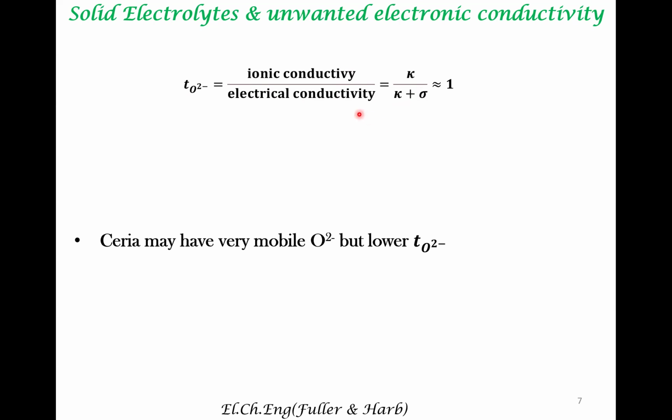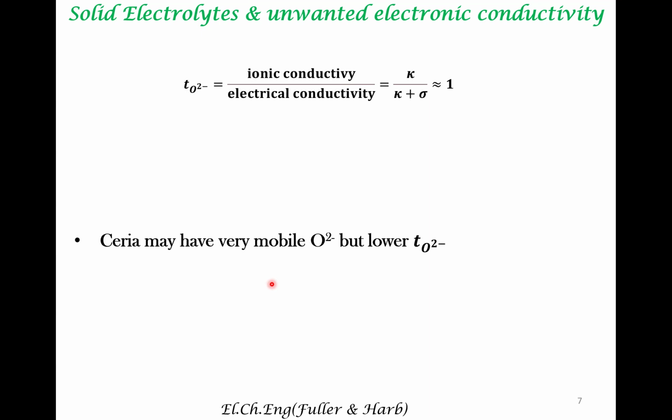As opposed to, let's say, yttria stabilized zirconia, ceria has much lower temperature of operation. As was mentioned in a previous slide, the temperature of operation of ceria electrolyte is about 600 degrees centigrade, which is at least 200 to 400 degrees less than yttria stabilized zirconia.